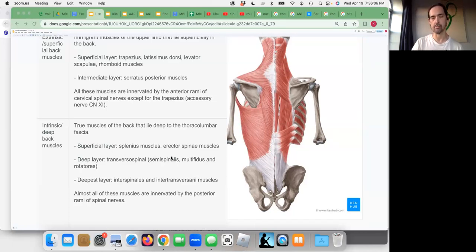And then there are two layers to the extrinsic muscles, superficial layer and the intermediate layer. The superficial are the trapezius, latissimus dorsi, levator scapula, rhomboid muscles. The intermediate layer are the serratus posterior muscles. And then all those muscles that attach to the shoulder, the infraspinatus, supraspinatus.